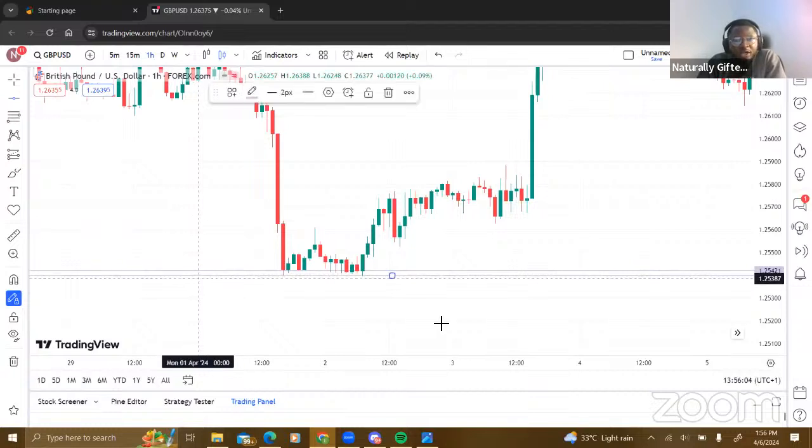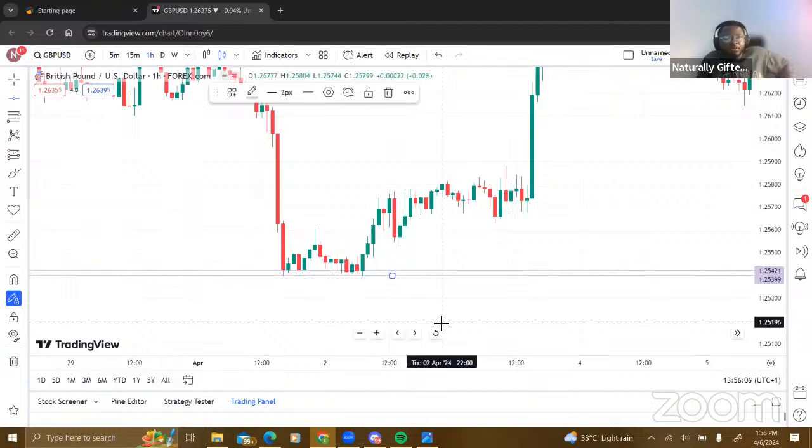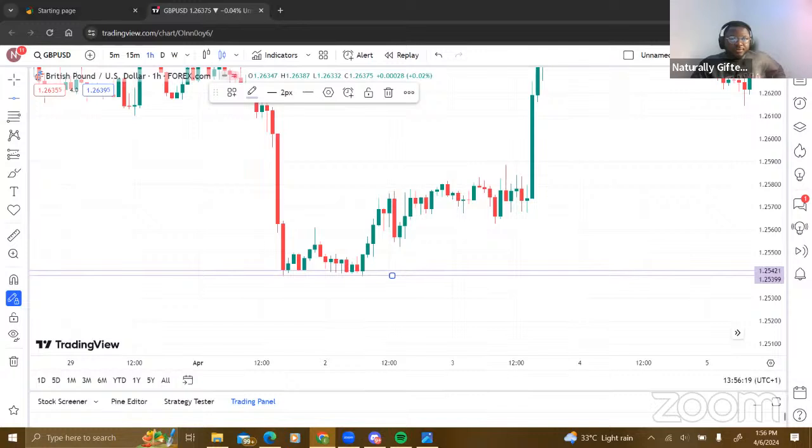How many of us know how to identify support? If you know how to do a support and resistance zone, put in a 1 on the chart. If you don't know, put in 0. Let me be sure that we're on the same page. Godwin, you don't know how to.